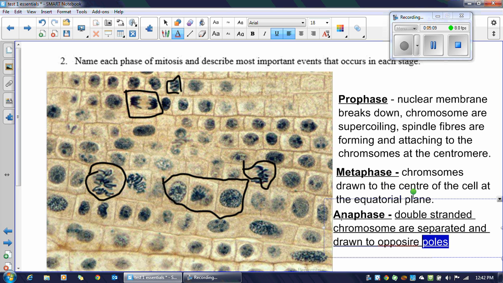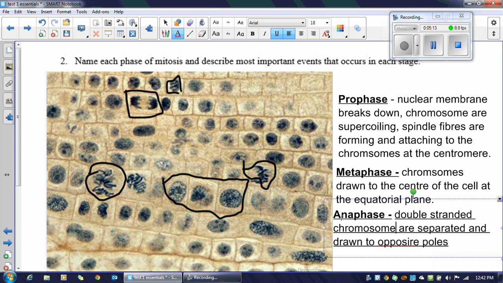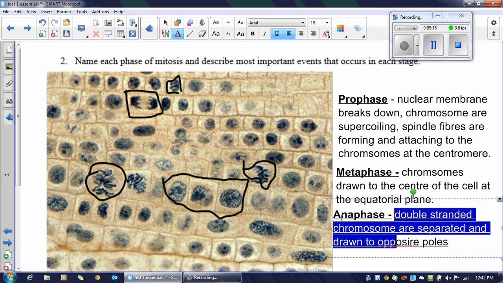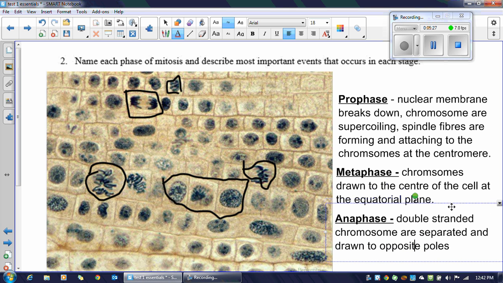Something along those lines. That seems to not want to come off. There we go, and I checked my spelling. Opposite poles. Sure, and that's a very simple way to put it.